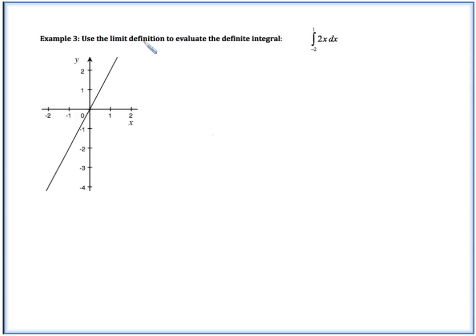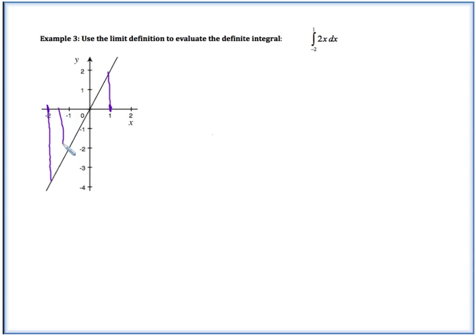So let's use the limit definition now to evaluate our definite integral. So we're going to go backwards here. So here's the definite integral from -2 to 1 of 2x dx. Okay, so here's our function 2x, and we're going here from -2 to 1. And so what we're looking for now is the area between the function and the x-axis in between -2 and 1.